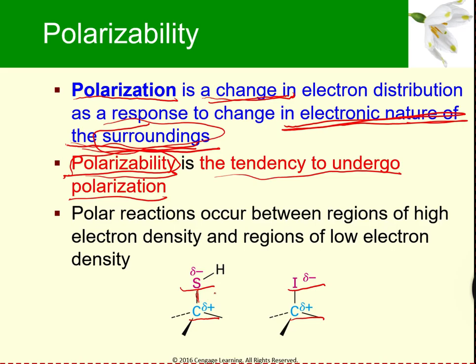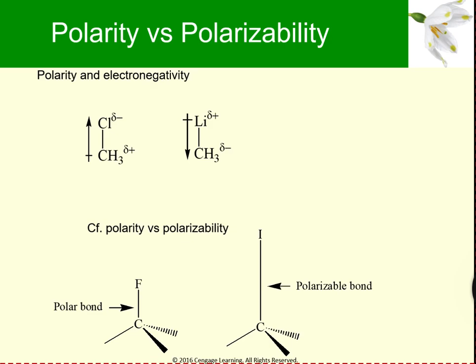it can produce the polarity here. But when you compare two molecules, for example, CH3Cl and CH3Li, in this case carbon is delta plus and Cl is delta minus, of course. However, if it is attached to a metal like lithium or magnesium or calcium, then this will be plus, this will be minus.